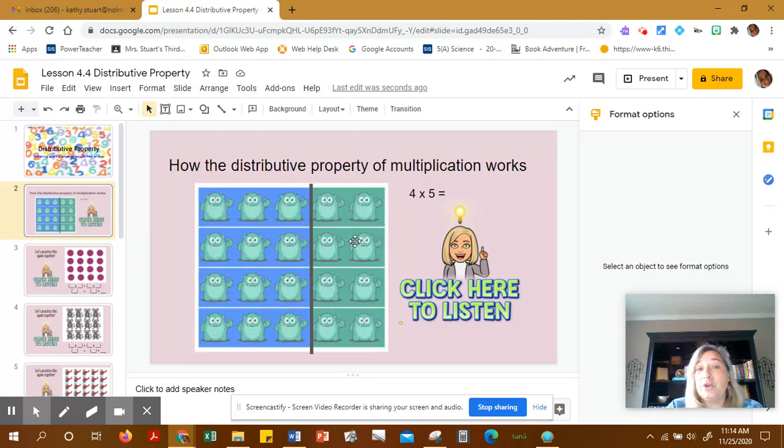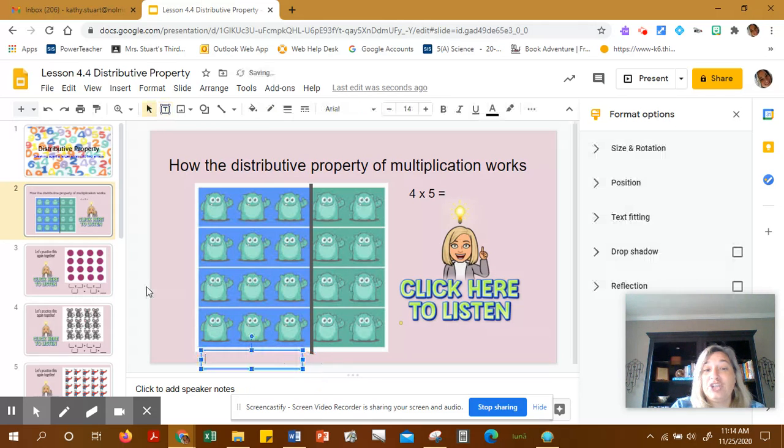So now what we're going to do is make this 2 arrays. Okay, so I'm going to make 2 arrays now for this problem. Let me start with my first array. If I look at just my blue section, I have 1, 2, 3, 4. Okay, I still have 4 rows.